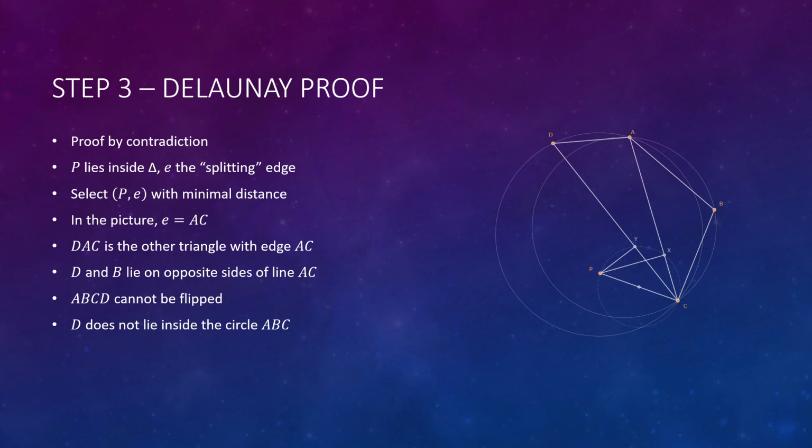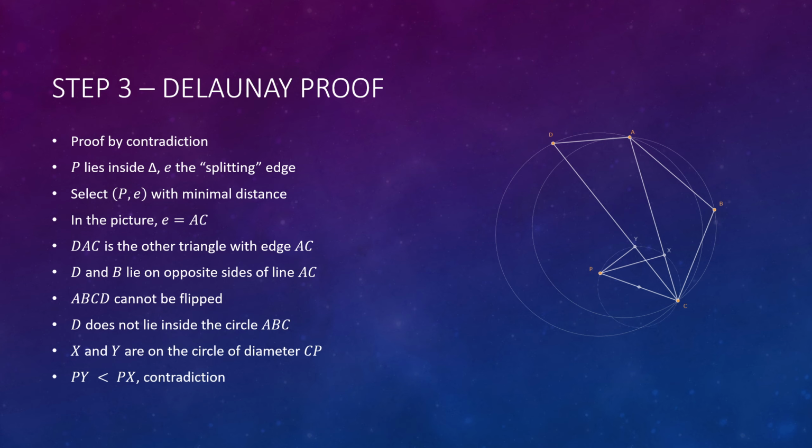And now all we need to do is look at the configuration. Both X and Y, where by Y I labeled the projection of P on CD, so PY is the distance between P and CD. So X and Y lie on the circle of diameter CP. So if we want to compare PY with PX, we can also compare the angles PCD and PCA, and PCD is clearly smaller. So PY is less than PX.